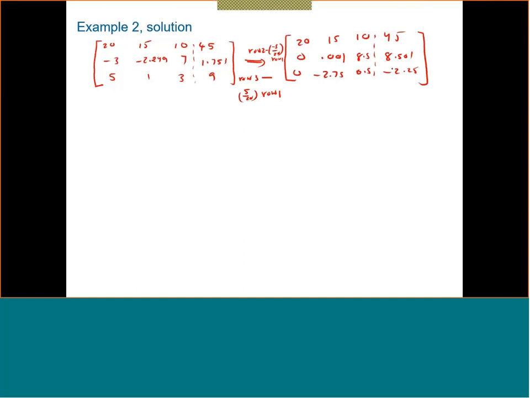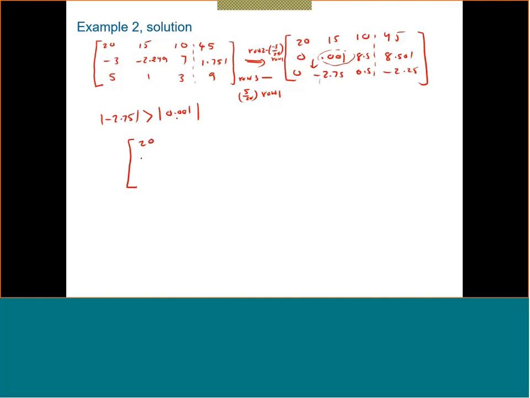Now we'll go for the second column, and we start from the kk element, meaning the diagonal element, and compare it with the rest. We have only two elements, and obviously minus 2.75 is larger than 0.001 in absolute value. So I need to interchange these two lines.